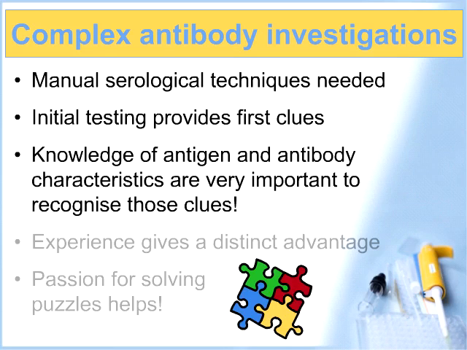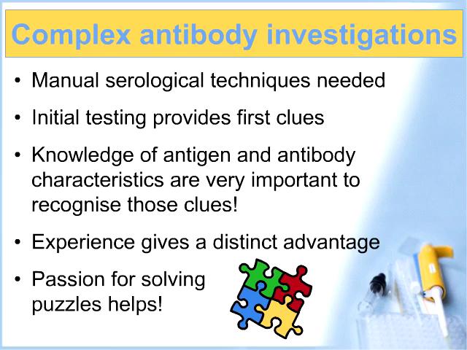What temperature is the antibody reacting at? What method? Is it direct, indirect? And also, is there in vitro hemolysis? Things like that. Obviously, experience gives a distinct advantage when it comes to that type of knowledge. And I believe that one of the biggest tools is passion for wanting to solve puzzles. That's what you need when you're looking at complex antibody identification.